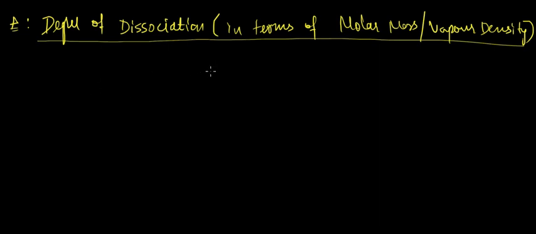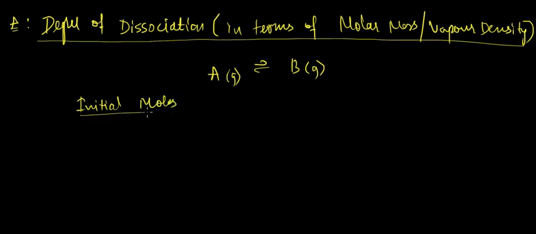So let's suppose we have a reaction in which we are converting A gaseous into B gaseous form. So let's say at the initial stage the number of moles of A were A, and initially B had B moles.